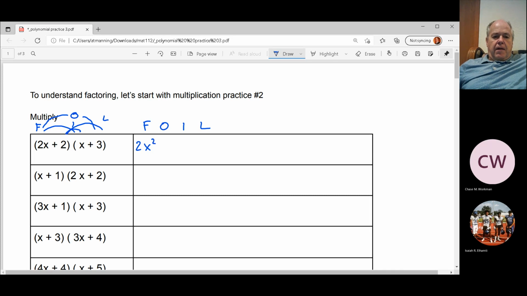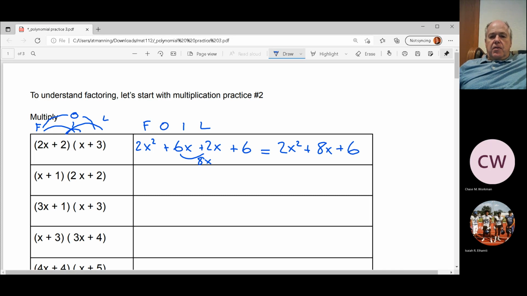The outsides, 6x, plus the insides, plus 2x, plus the lasts. 2 times 3 is 6. These get combined into 8x. So that whole thing becomes 2x squared plus 8x plus 6.